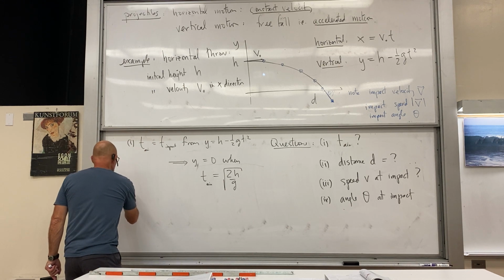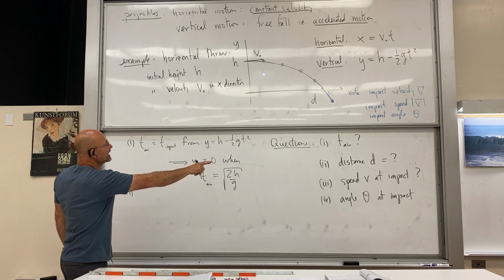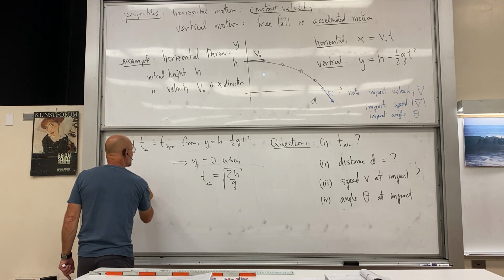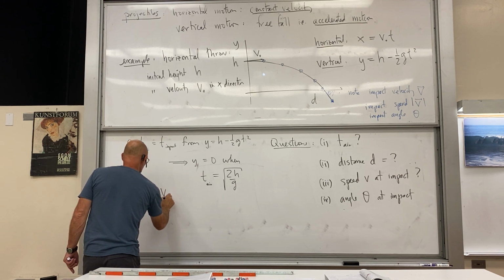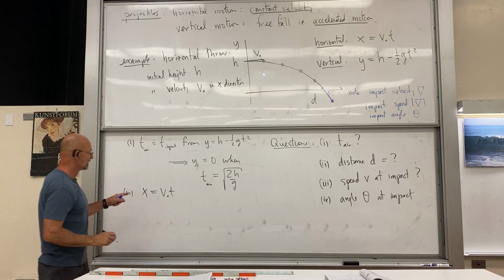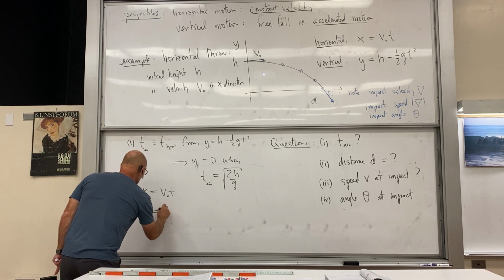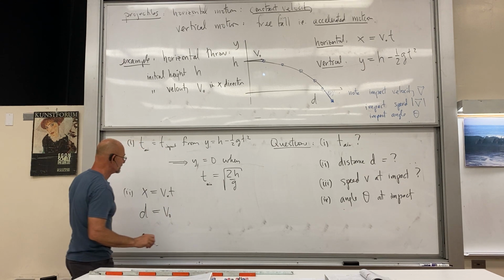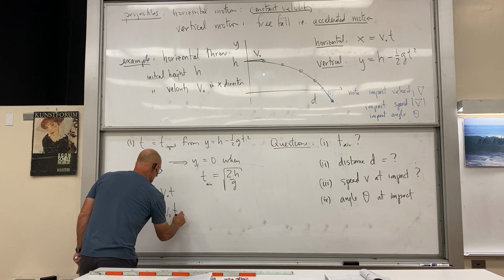Our second question was distance d. So we have x equals v0 t, that was the horizontal motion. So the distance is v0 times the t sub air, or the impact.